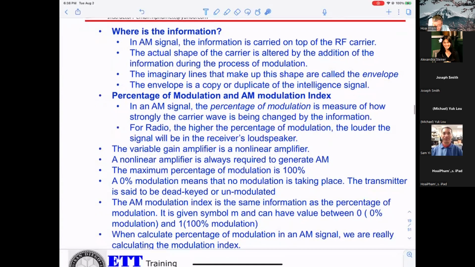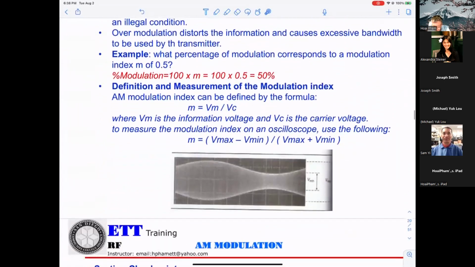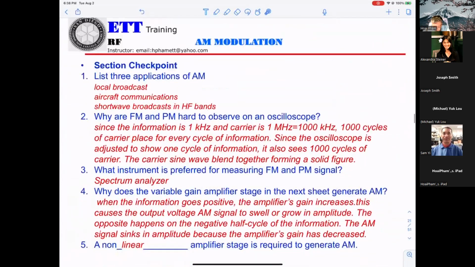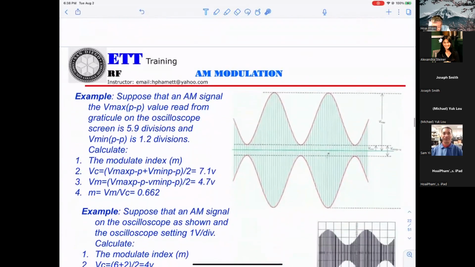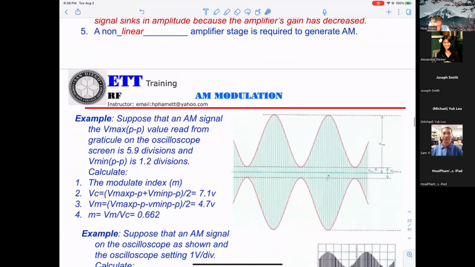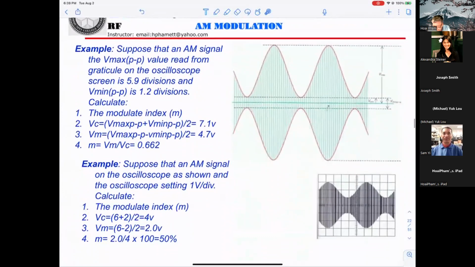Okay, let me show you this thing here. You can see this signal here is your voice. However, the carrier, let's see where I can see the carrier.